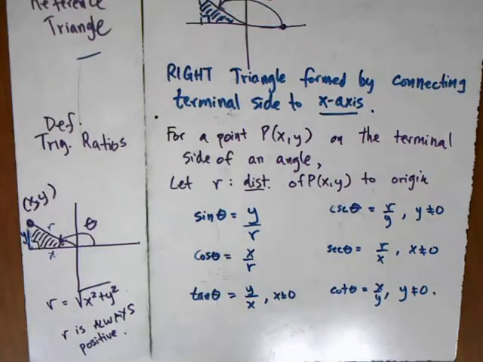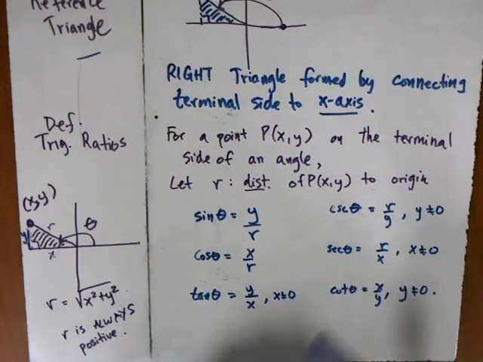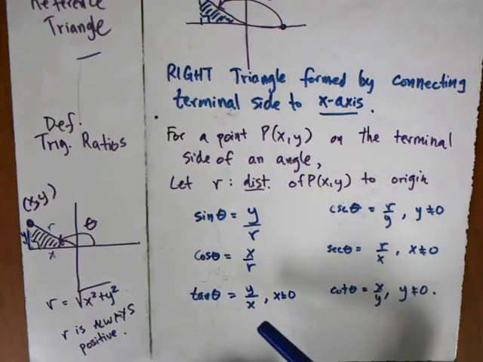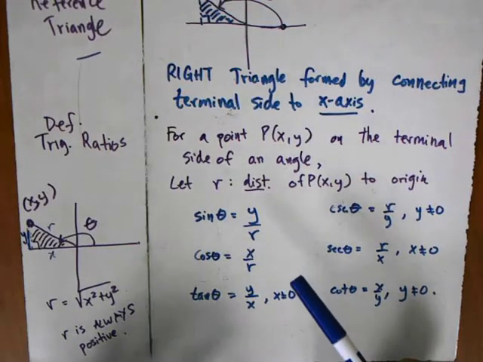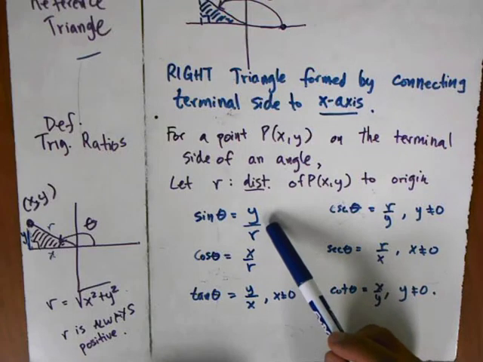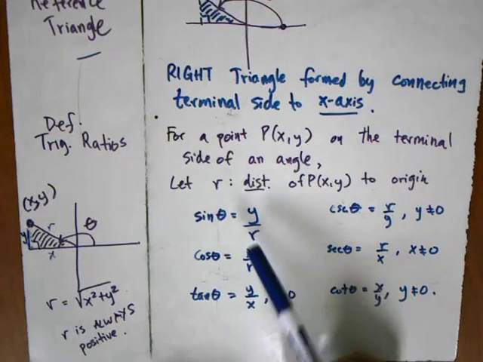But I want to point out that this is a new way, a shift in our thinking about angles and trigonometric ratios. In geometry, we're so used to saying opposite over hypotenuse, adjacent over hypotenuse, opposite over adjacent. But now we have some new definitions here. And it's not all that new, it's just more general, where sine is, instead of opposite over hypotenuse, the y value divided by the radius. Okay?